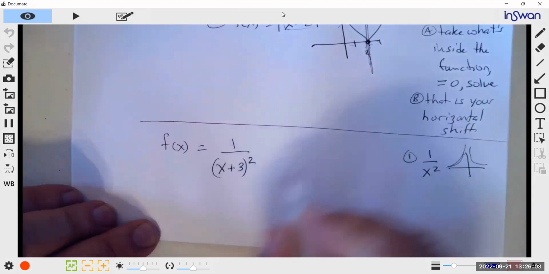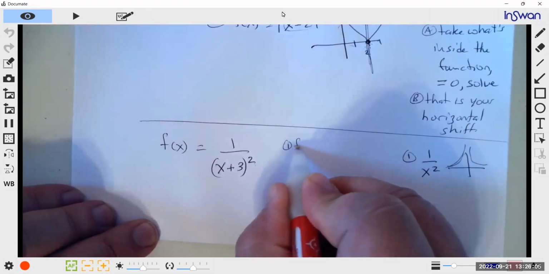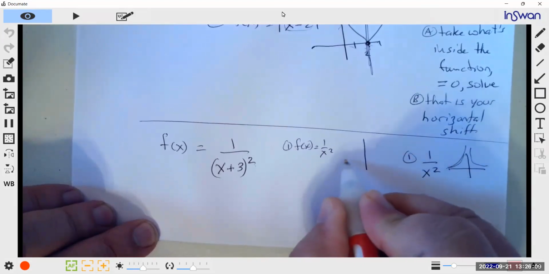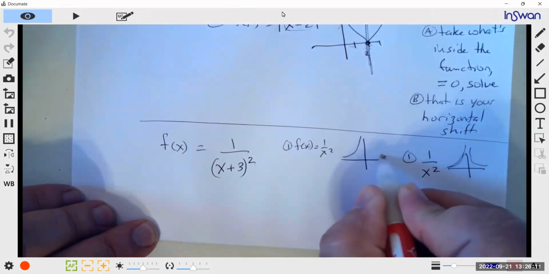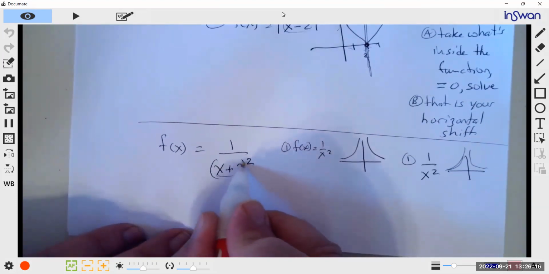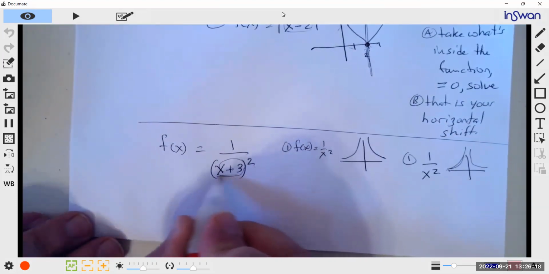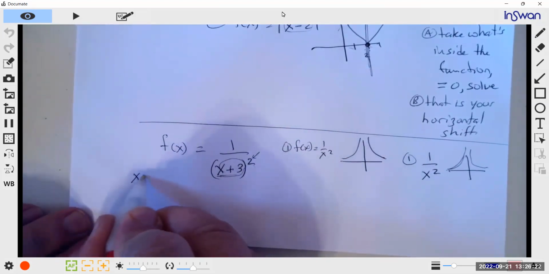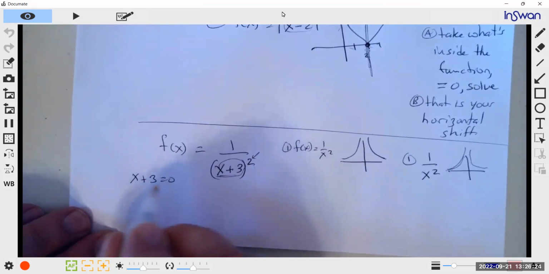So that's the first thing I did. I like that. f of x equals 1 over x squared. That's my graph. Then I notice that I have a horizontal shift. There's a plus or minus inside the function, inside the square term. So x plus 3 equals 0.